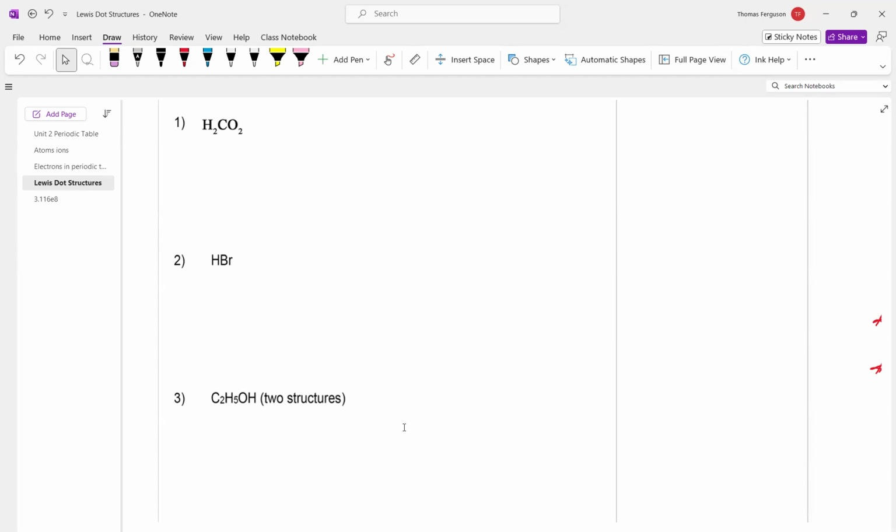Shell 3 can have more than an octet and be okay. Notice oxygen's fine. It's got 8: 2, 4, 6, 8. This has got more though. And there are the 2 electron pairs as well.